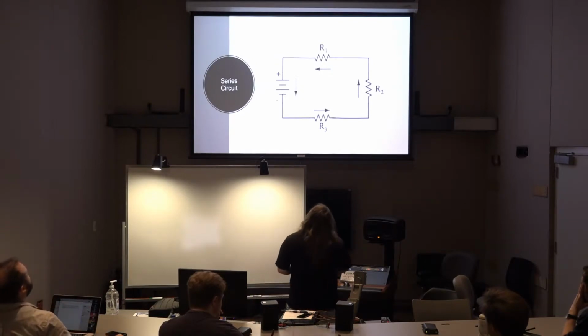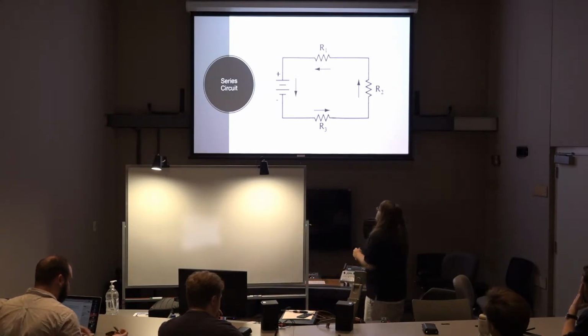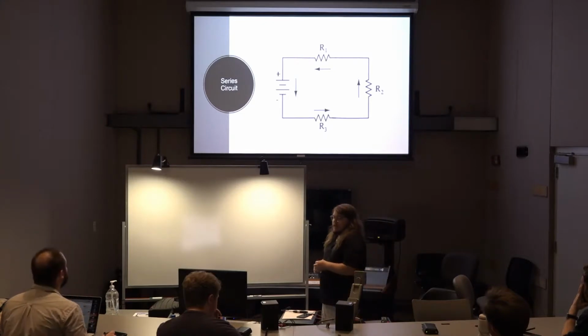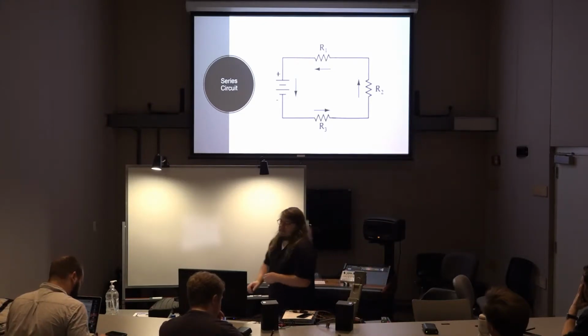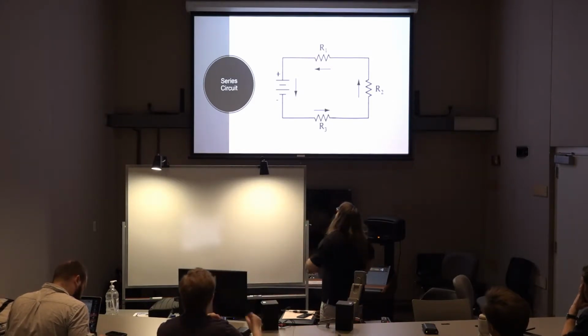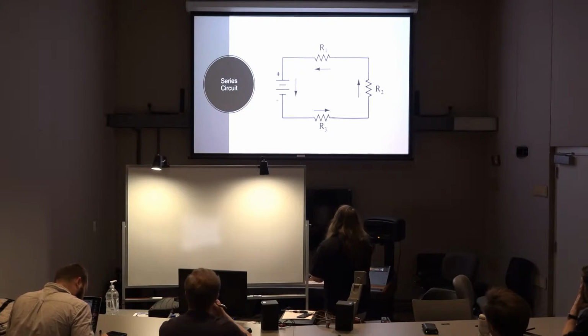Now, this is a graphical depiction or a circuit diagram of a series circuit. What you're seeing there is the voltage source indicated by the positive and negative right here, and 3 resistors hooked up in series.